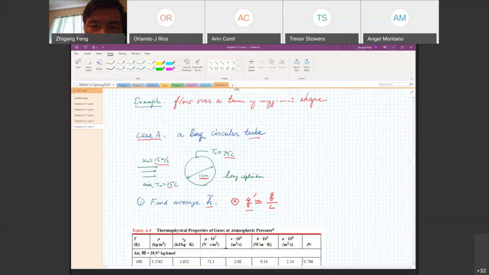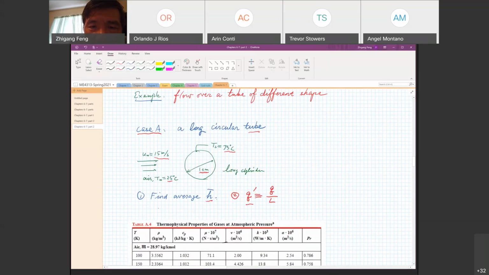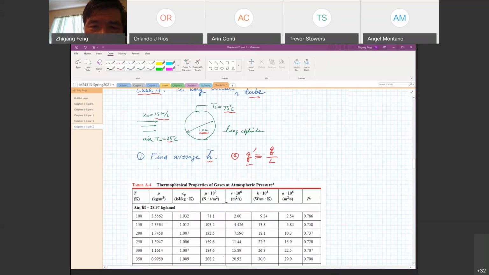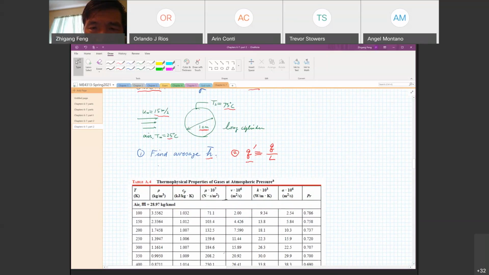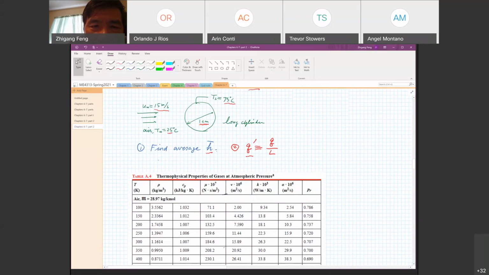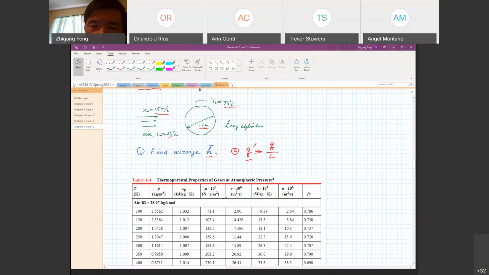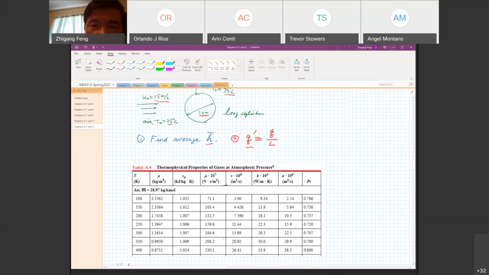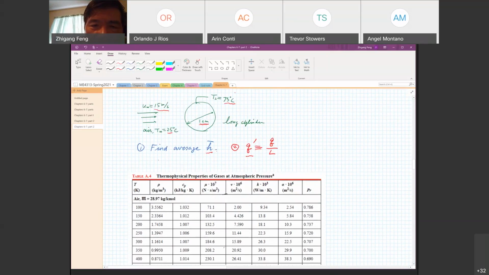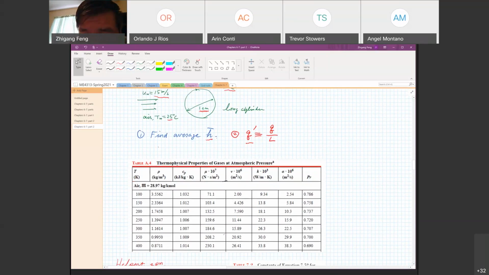And let's start with the first correlation, the Hilpert correlation. So we use the Hilpert correlation to find the h. For this type of calculation, the first thing you need to do is to find the thermal properties. Since we plan to use the Hilpert equation, the properties have to be evaluated at the film temperature.